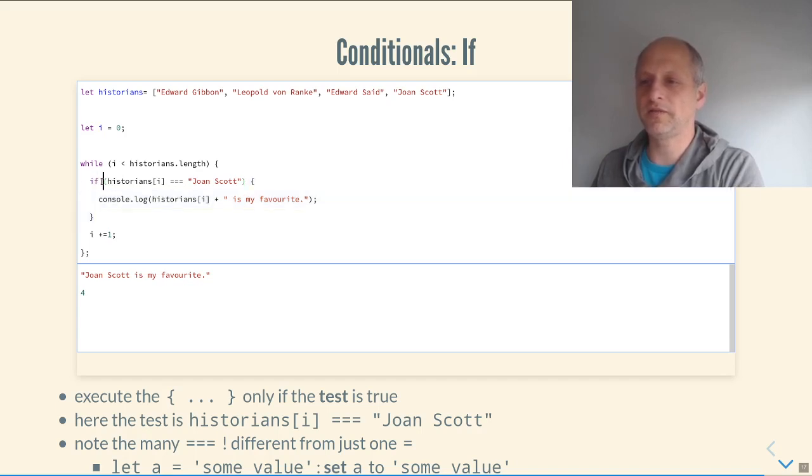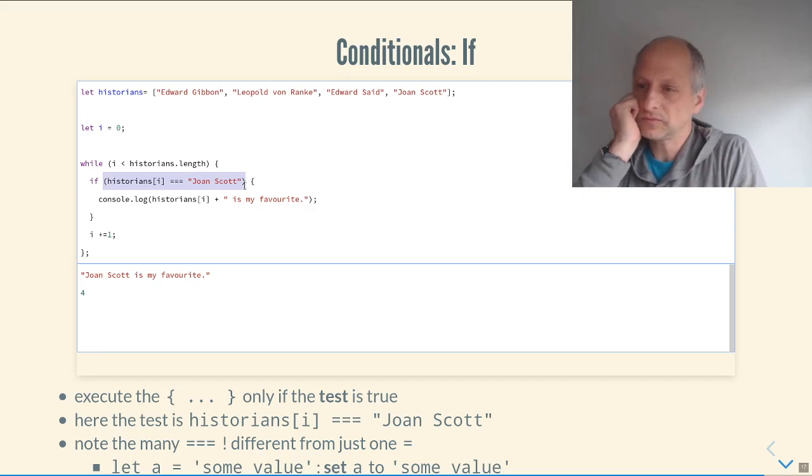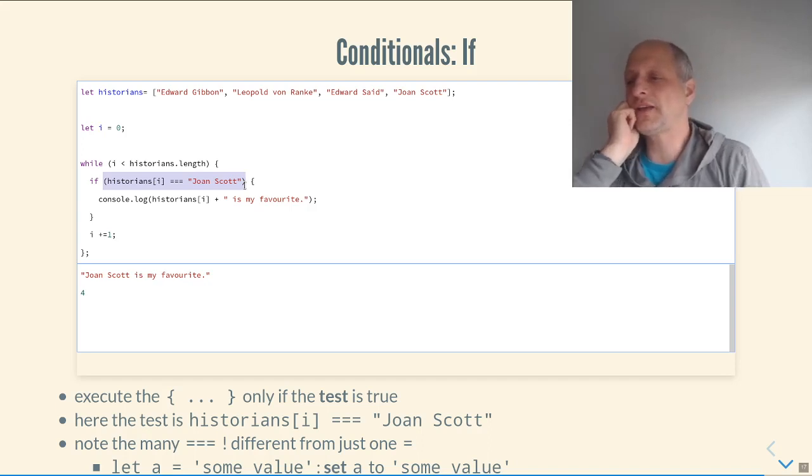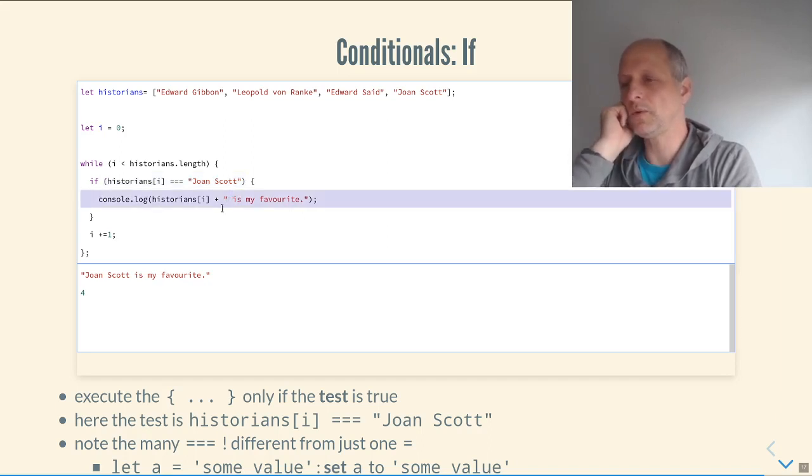We have the keyword if, and then we have these parentheses. This time, though, the parentheses surround what is called just the condition or the test. If this test is true, or sometimes in JavaScript we say truthy, then we'll execute what's between the braces, and if it's not true, we won't execute it.